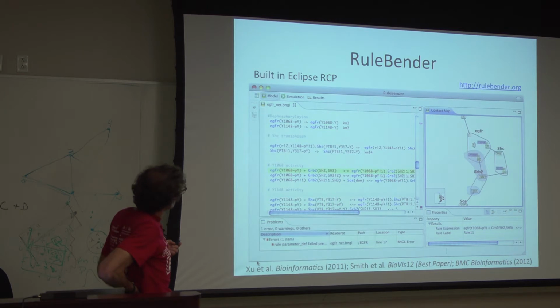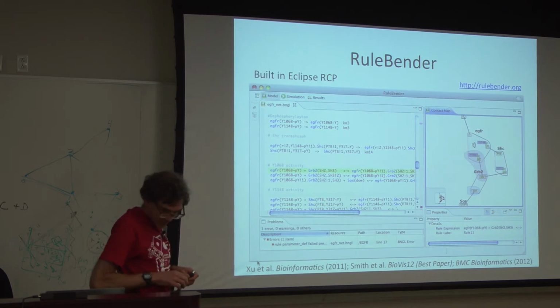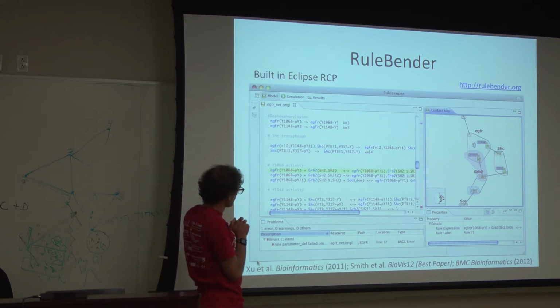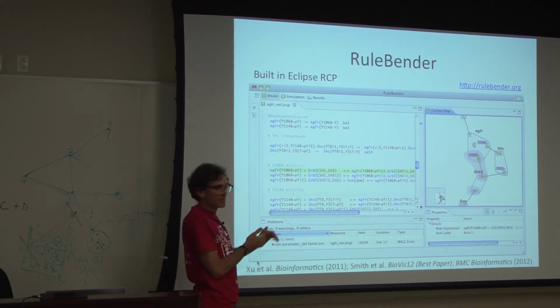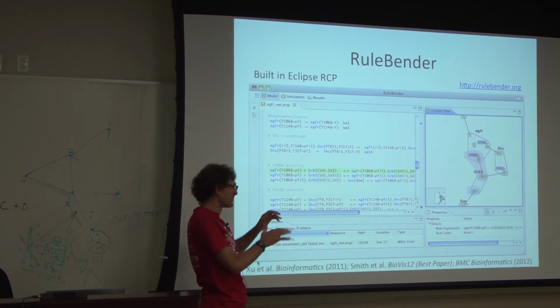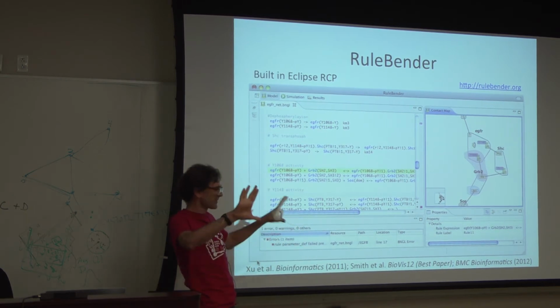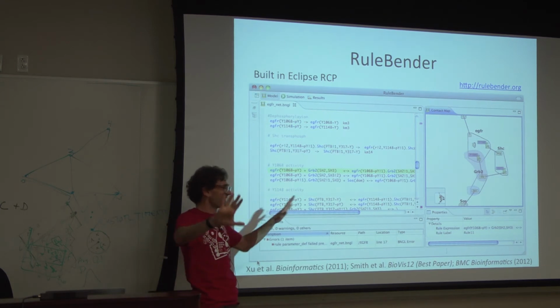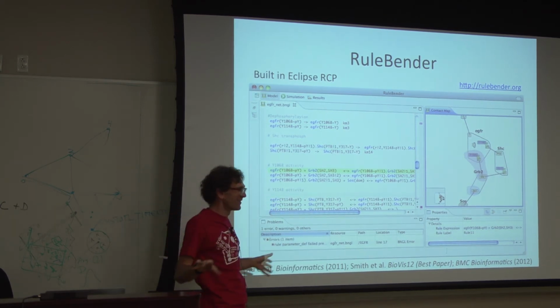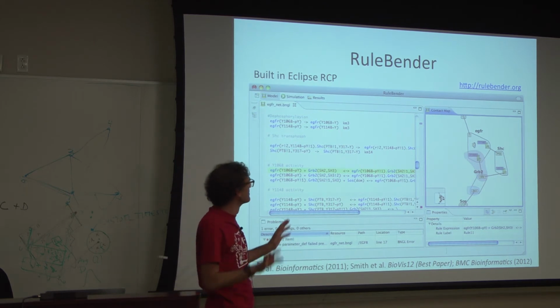RuleBender is a tool that we developed that provides an environment for developing BioNetGen models, in very much the same way that CellBlender does, which is very hard to say. It's very hard to keep CellBlender and RuleBender straight. If you say that a bunch of times, you'll have CellBender and RuleBlender before too long.